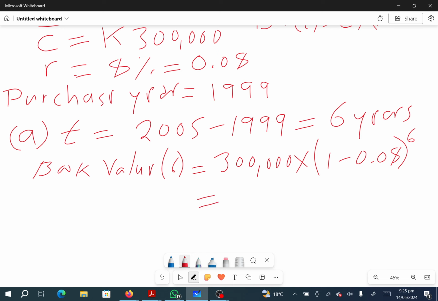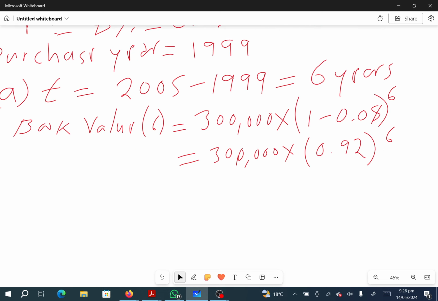So we will say 300,000 multiplied by 1 minus 0.08 to give us 0.92 to the power 6. So now you can compute this. You can say 0.92 to the power 6, then multiplied by 300,000.